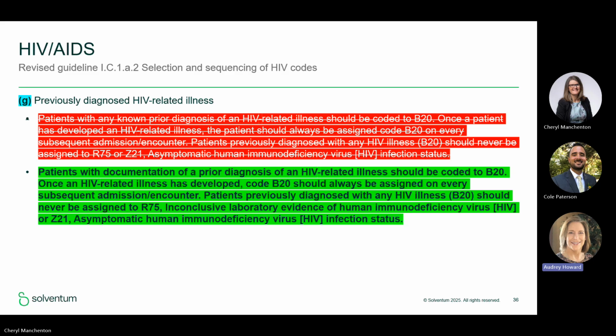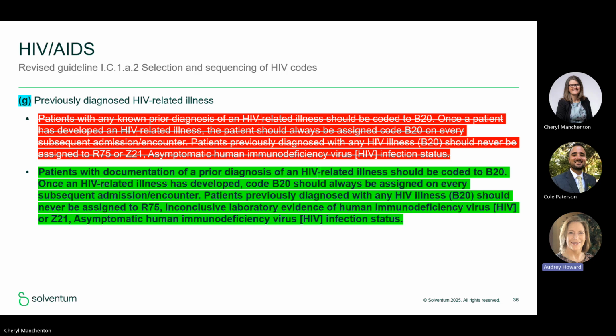Therefore, that documentation needs to be included in the current encounter to be able to support the code assignment of B20. So every record still needs to stand on its own based on the documentation, but once B20 is assigned, it should always be assigned on every subsequent encounter. That is a good query opportunity if the present record, your current encounter, is not supporting that information.